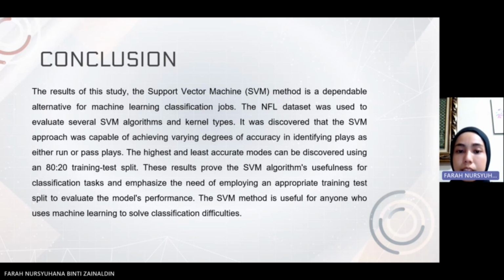The highest and lowest accuracy models can be discovered using an 80-20 training test split. This result proved the SVM algorithm's usefulness for classification tasks and emphasized the need to employ an appropriate training test split to evaluate the model's performance.